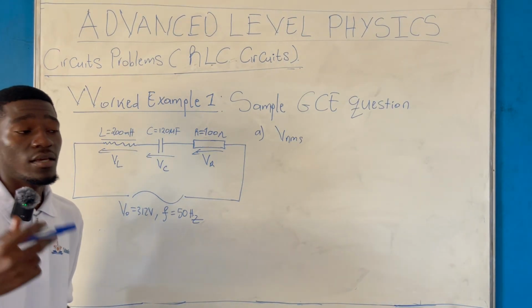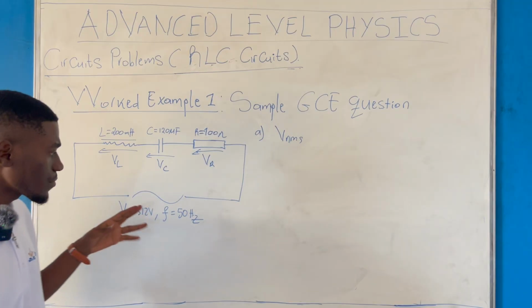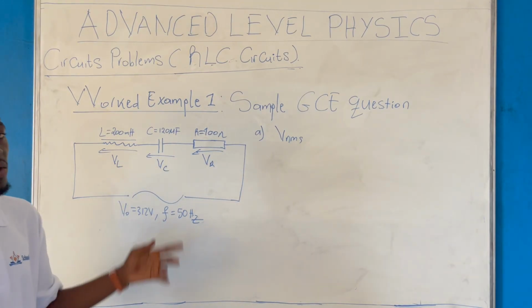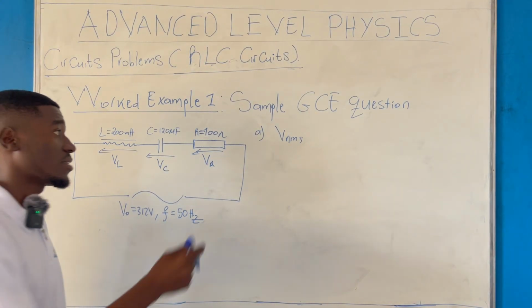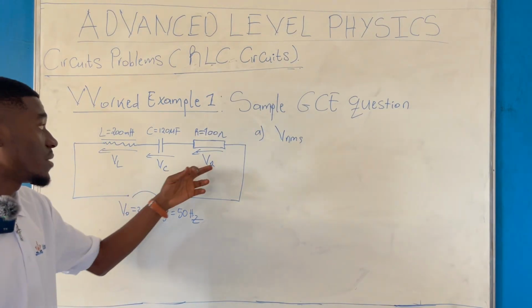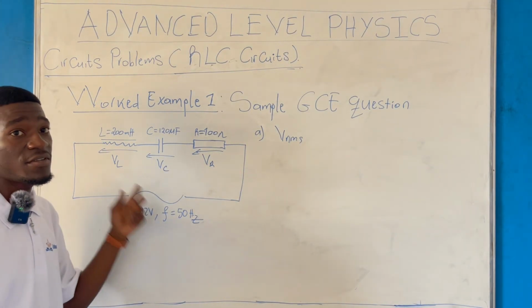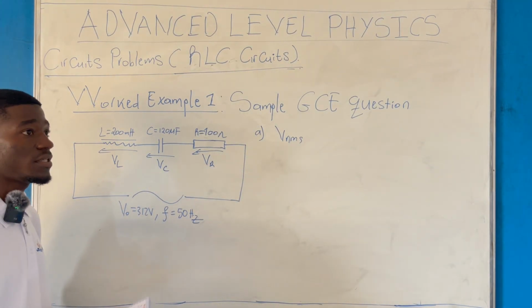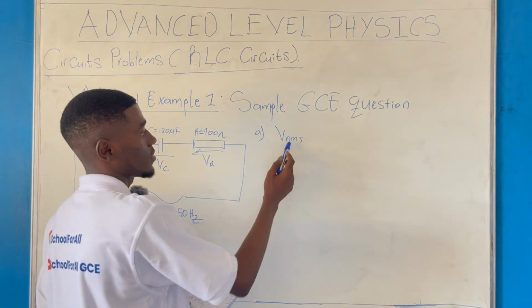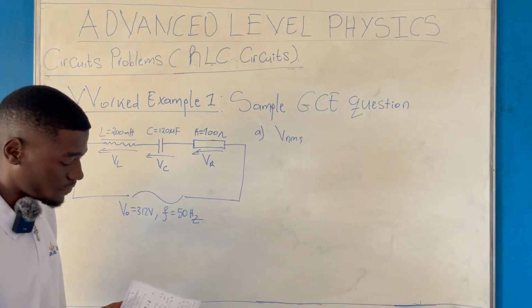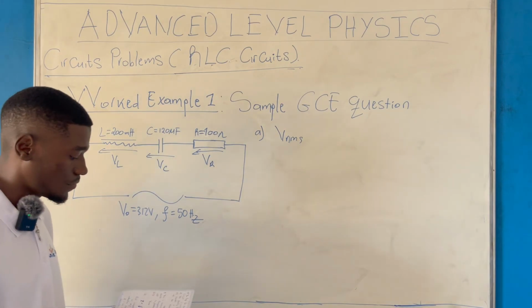As I was saying in the record, the algebraic sum is not the same because they are not in phase. They have a phase difference. So therefore the sum cannot give us VRMS.